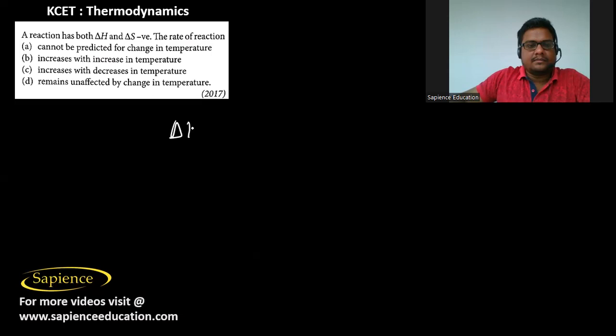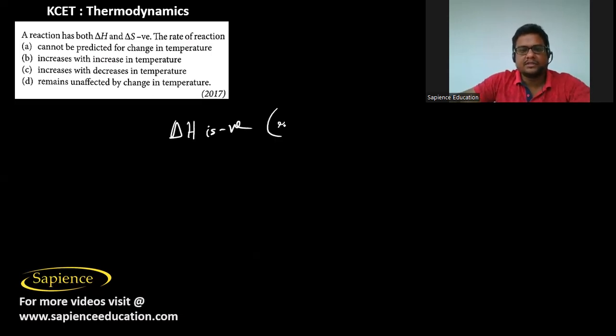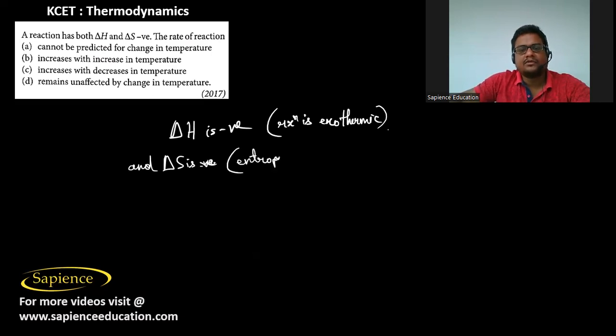So here delta H is negative. It means that the reaction is exothermic, it releases heat. And delta S is also negative, which means the entropy decreases.